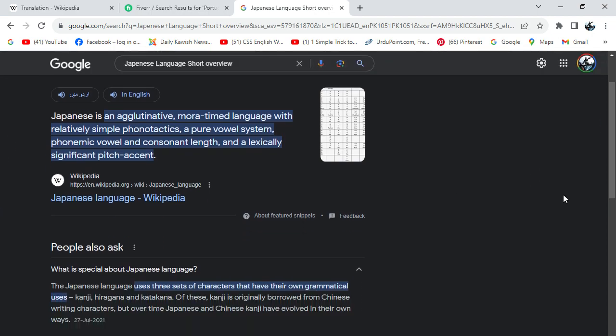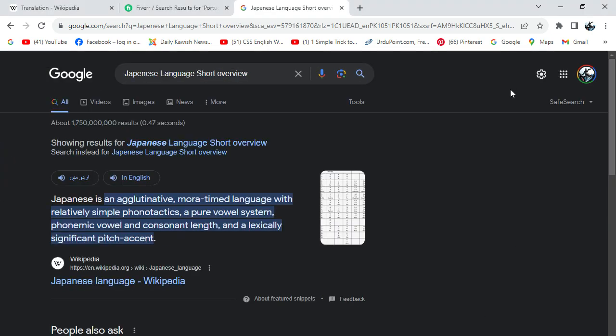The Japanese language uses three sets of characters that have their own grammatical uses: kanji, hiragana, and katakana. Of these, kanji is originally borrowed from Chinese writing characters, but over time, Japanese and Chinese kanji have evolved in their own ways. So that was the short overview about the Japanese language. I hope now you've got a little bit of knowledge and idea about it.